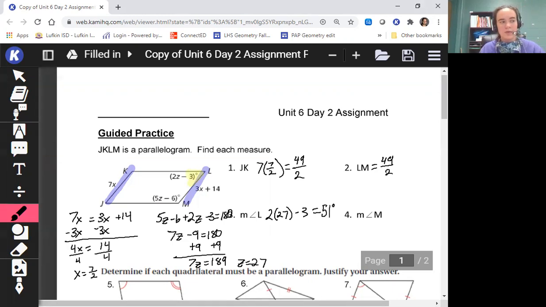And then again, we've already solved for z. We need to find the measure of angle M, so we need to substitute 5 times 27 minus 6. So 5 times 27 minus 6, we get 129 degrees.